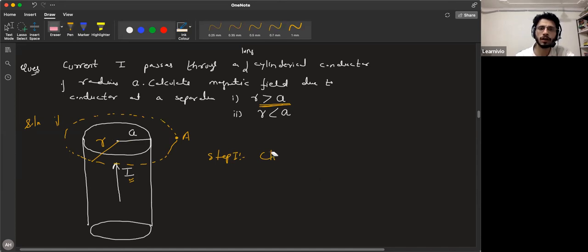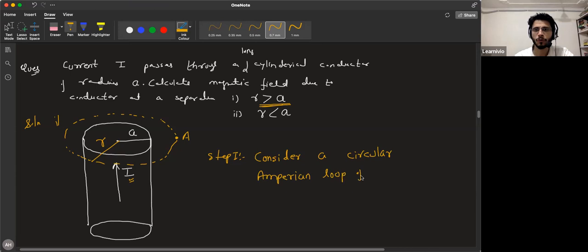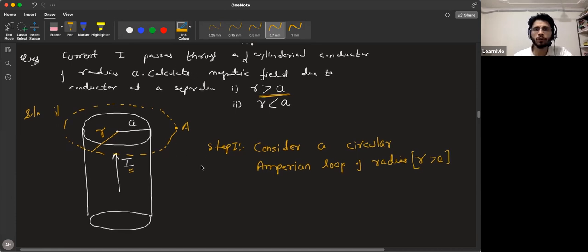So we consider a circular Amperian loop of radius R, where this R is greater than A. Then we consider the line integral of the magnetic field, step 2.